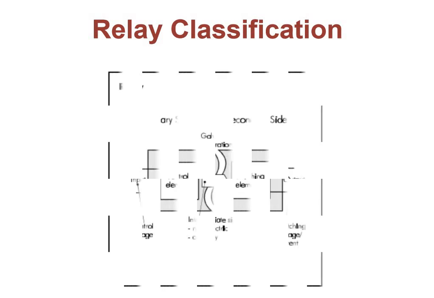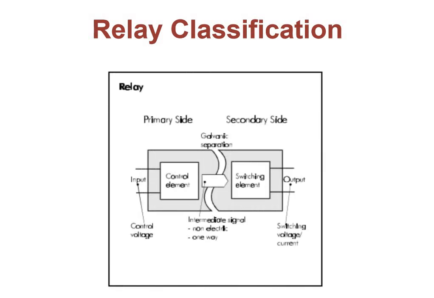Now let us have a look at the classification of the relay. These relays have the same subsystems and principles of operation regardless of whether they are electromechanical or electronic, or designed to switch signal or high power loads.